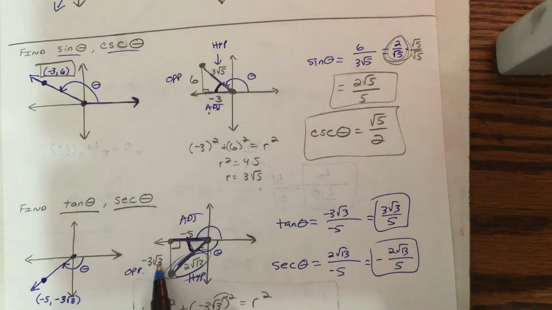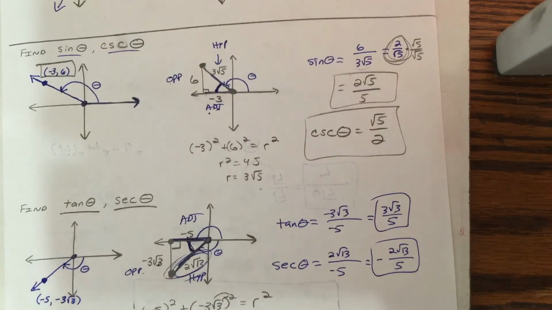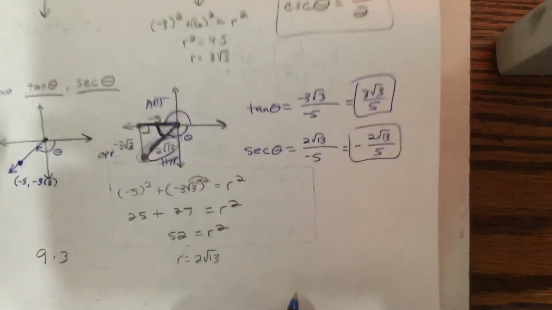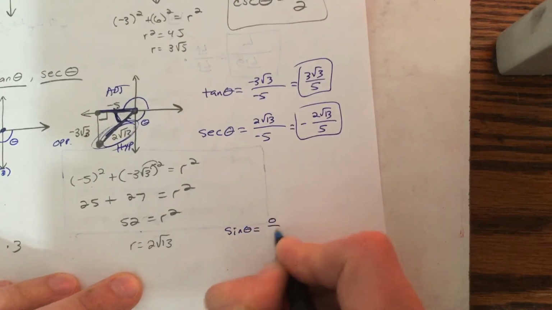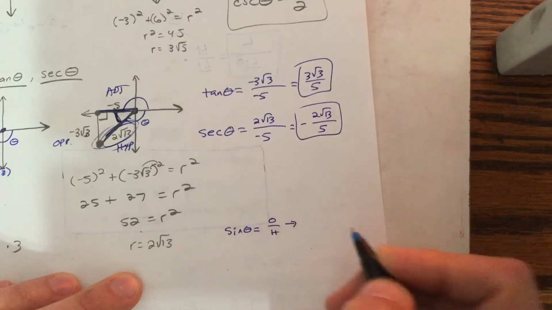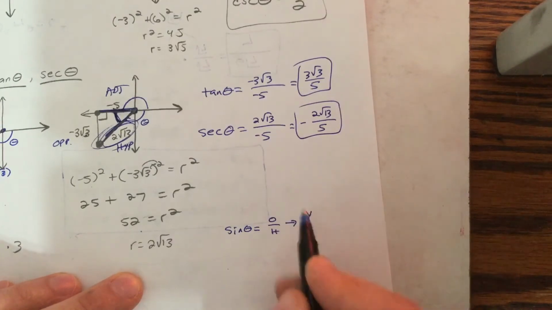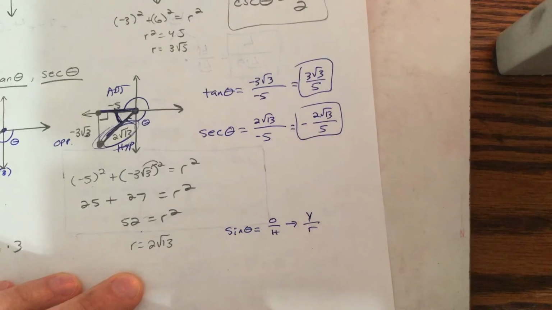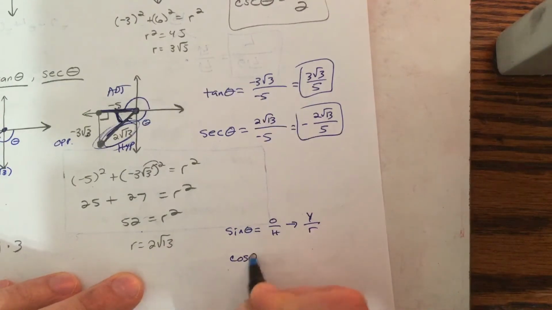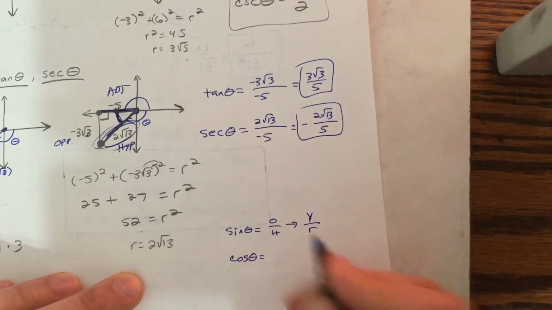Okay? So what that tells me is instead of writing sine always as opposite over hypotenuse, we could actually write it as y, the y-coordinate, over what we'll call the hypotenuse, which is r. Okay? So this is just a different format that gives us the same thing.